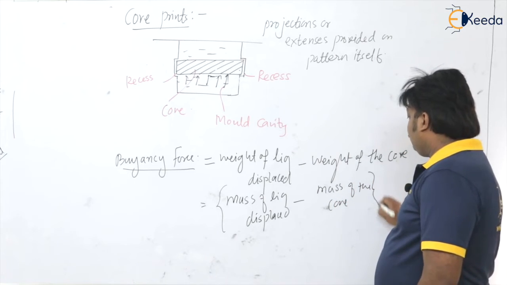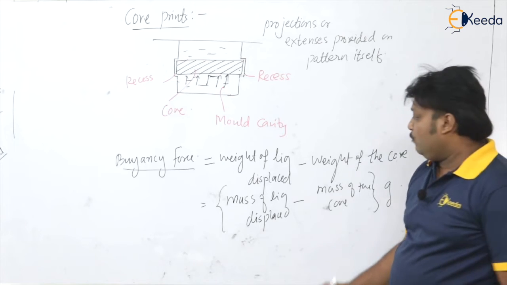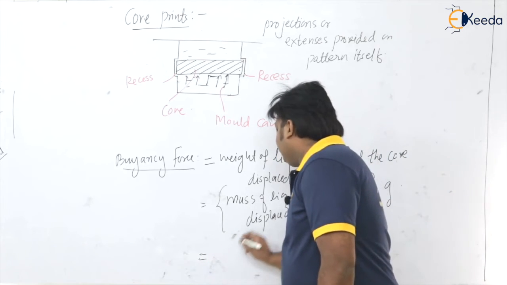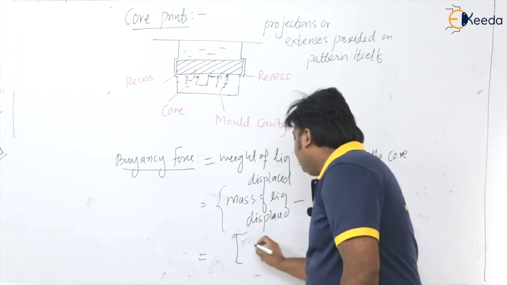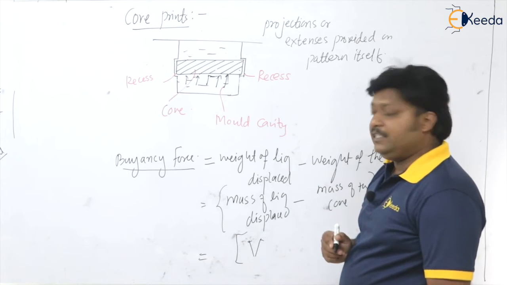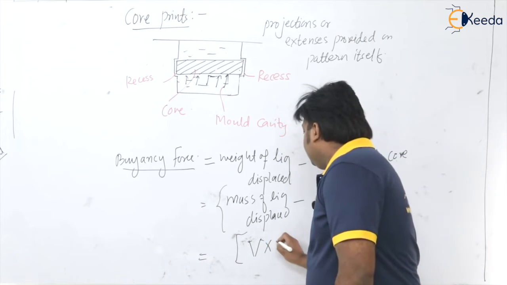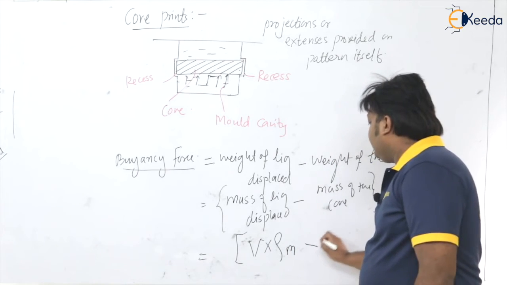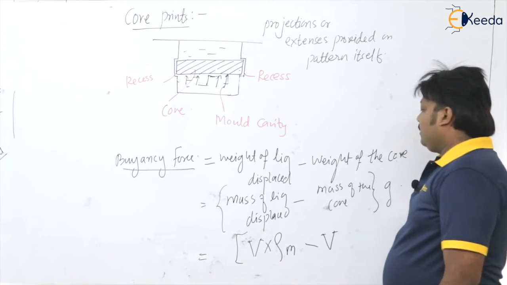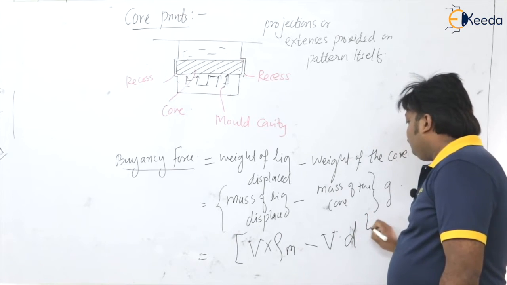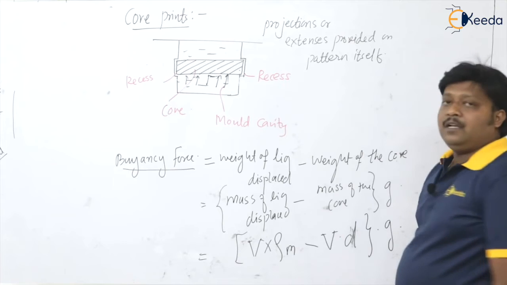I will take g outside, isn't it? And what is meant by mass? Mass is nothing but volume into density. We have the same volume. So volume V that is going to be displaced into density of molten material, say rho m, minus volume of the core into the density of core, say rho c, into g.